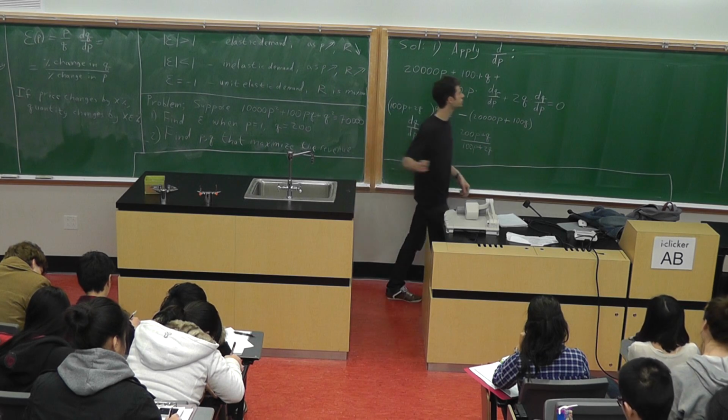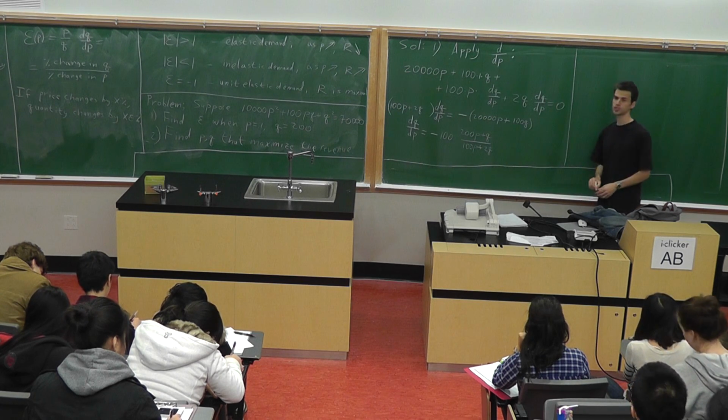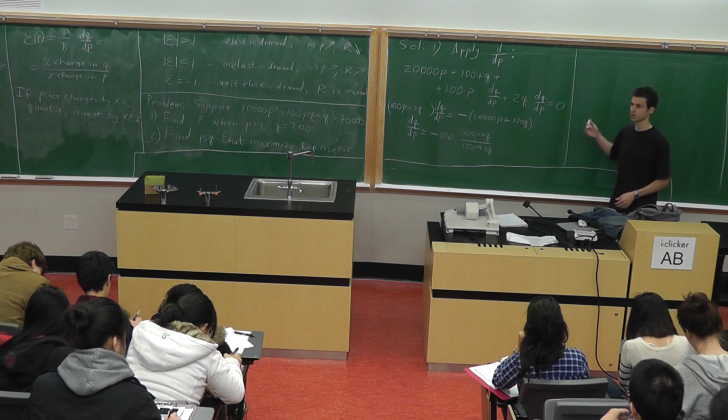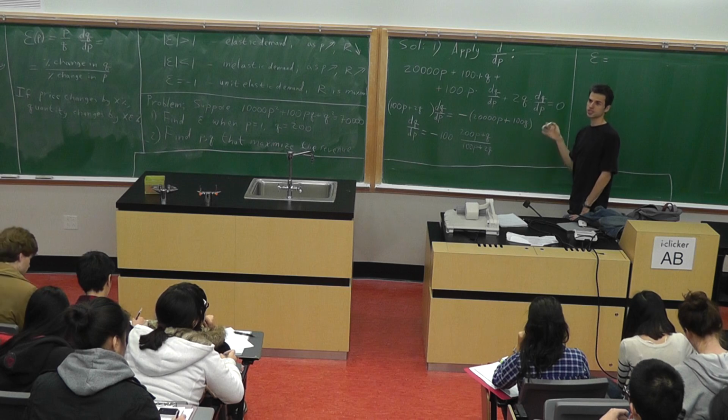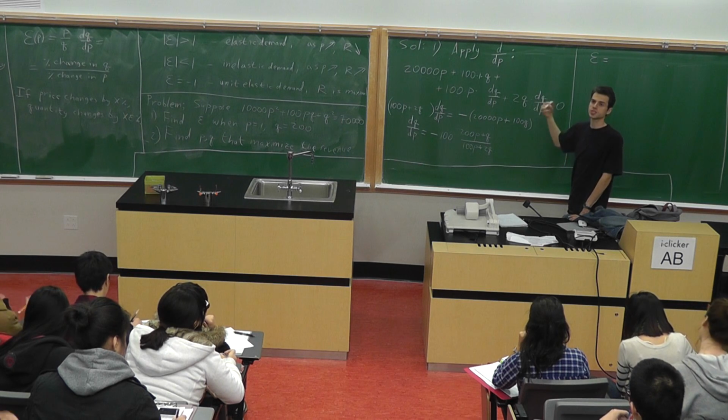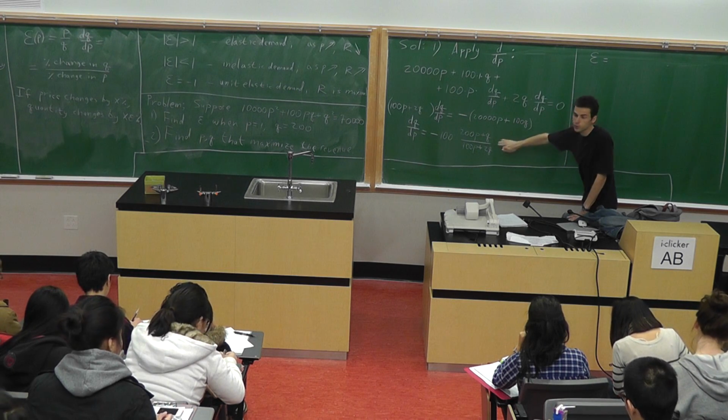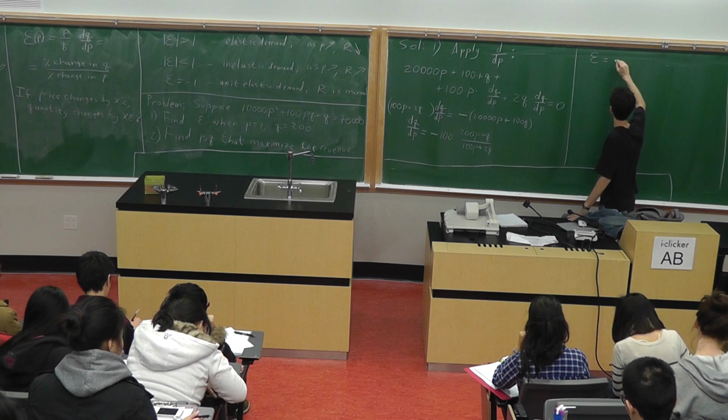Now we have an expression. And now it's really easy to find the elasticity. Elasticity we know is just p over q times the derivative of q. We know the derivative of q, let's just multiply by p over q.